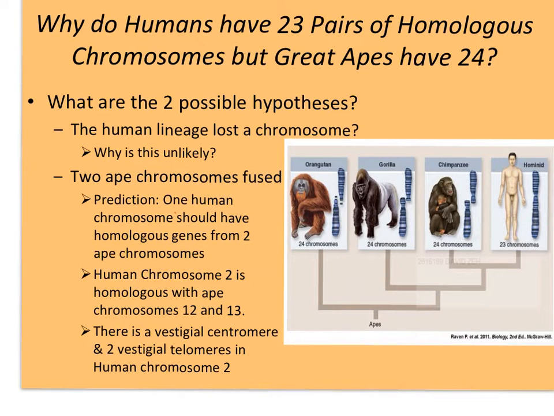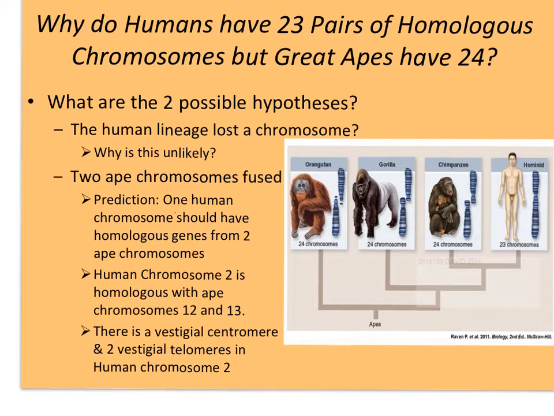That's why there's 46 total. Now, the thing that's kind of strange is that all the other great apes have 24 pairs, or 48 chromosomes. That means humans, or the human lineage, lost a pair of chromosomes.